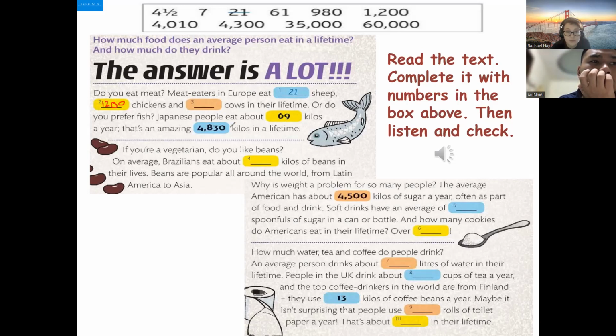Okay, and how many cows? 4,300. Okay. How many beans do you think people eat? 60,000. Okay.